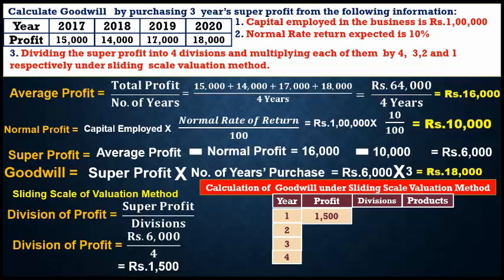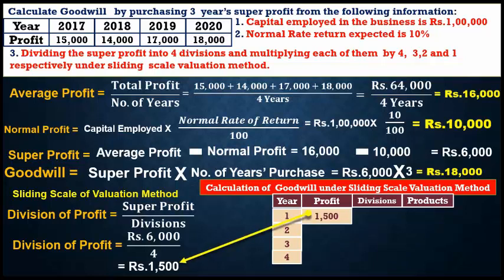Divisions are already given in the problem: 4, 3, 2 and 1. First year 4, second year 3, third year 2, fourth year 1.